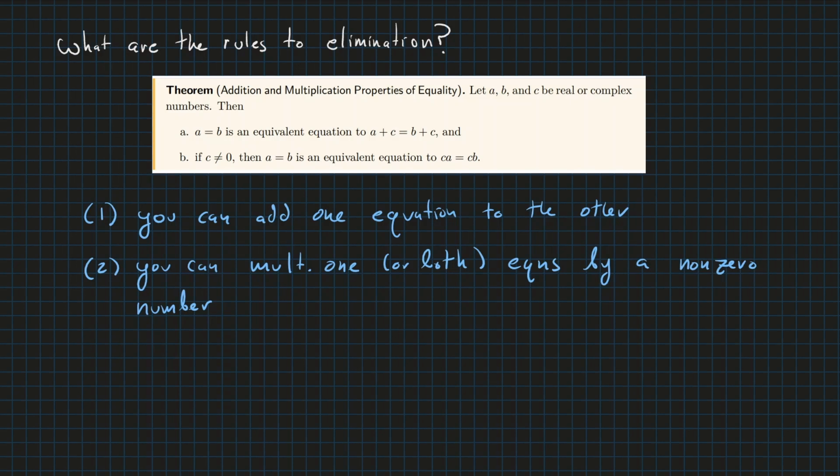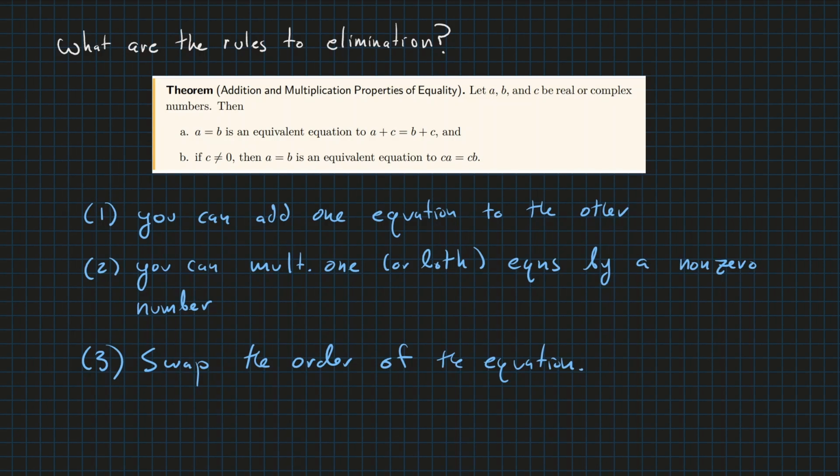And then there's a third idea, that you can actually swap the order of the equations. If you notice in the previous example, I had the equations numbered 1, 2. Swapping the order means, honestly, you could have done 2, 1.